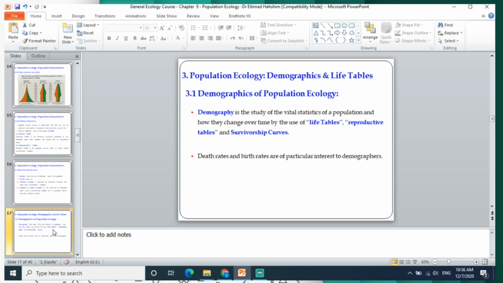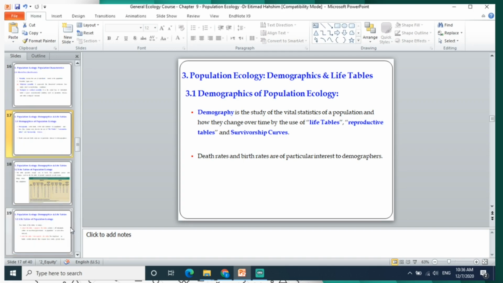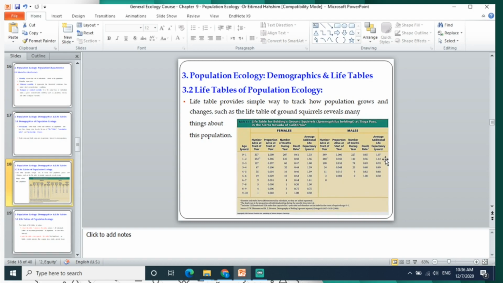Statistically they can make life tables, reproductive tables, or survivorship curves. Death rate and birth rate are of particular interest to demography, because death subtracts from the population size or density, and birth adds to the population size and density.